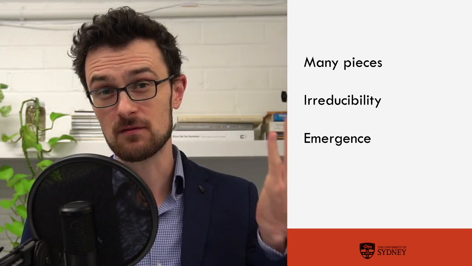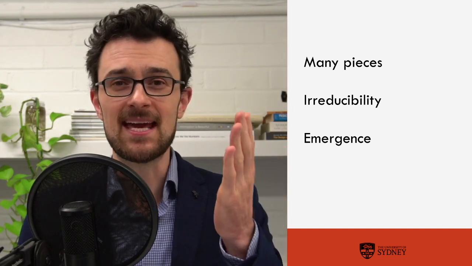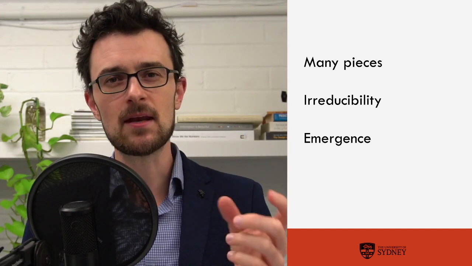Complexity can often have a few pieces, but they are inseparable. You cannot describe how one of them works without reference to all of the others as well. You just lose something in an attempt to break it apart and talk about the pieces individually. We describe these things as being irreducible.